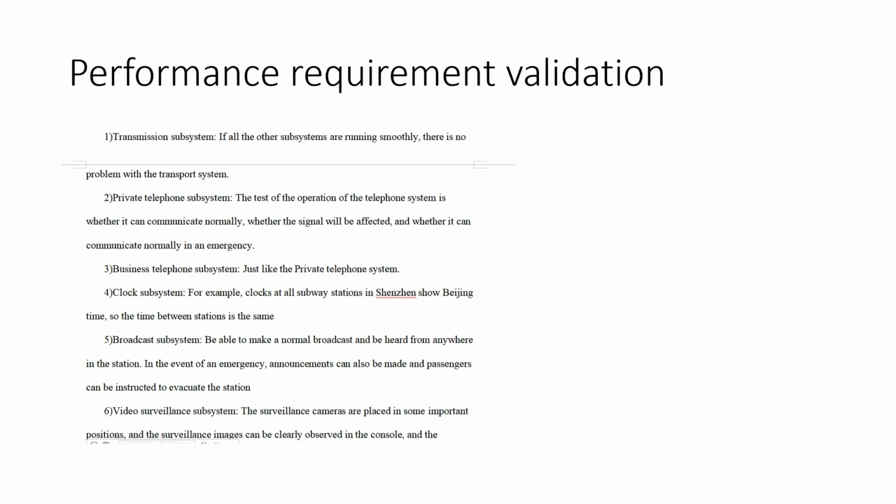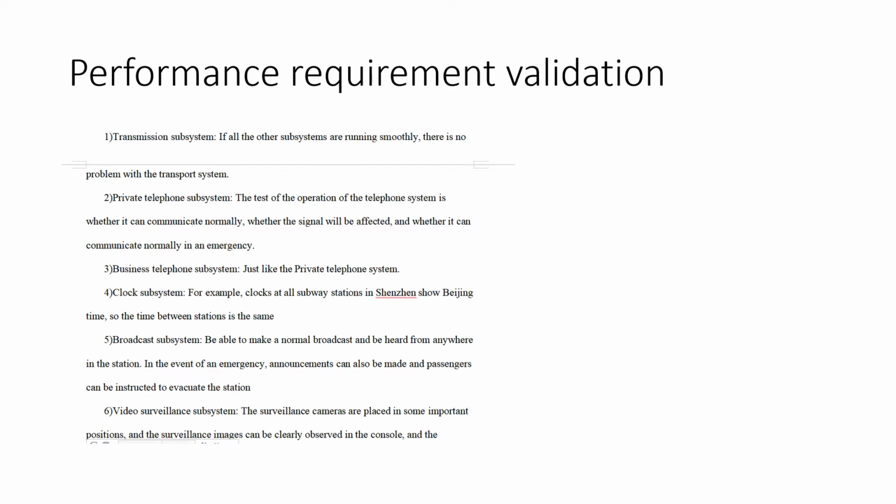The next part is performance requirement validation. Since the subway communication system has already been implemented as a subsystem of the whole system and developed with the progress of science and technology and the development of the times, subway communication has become a very mature system today.